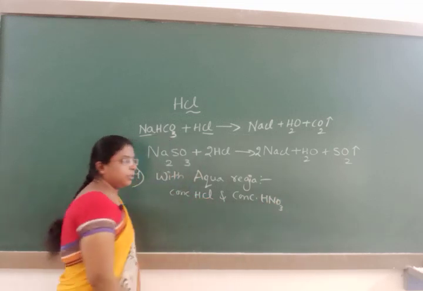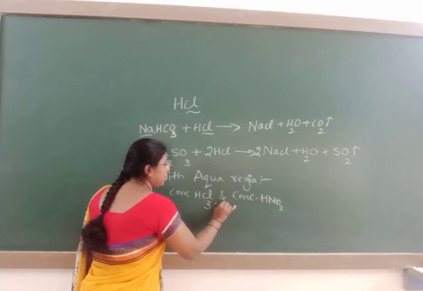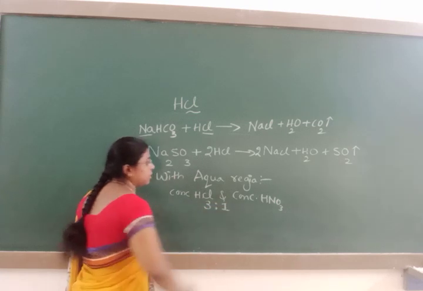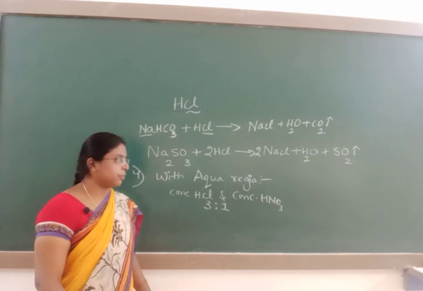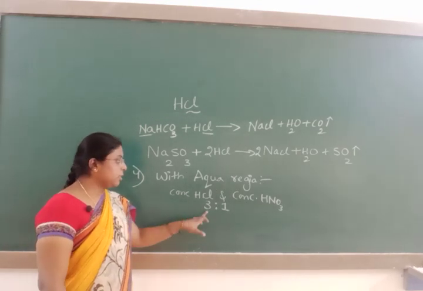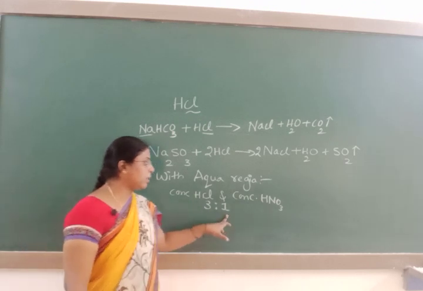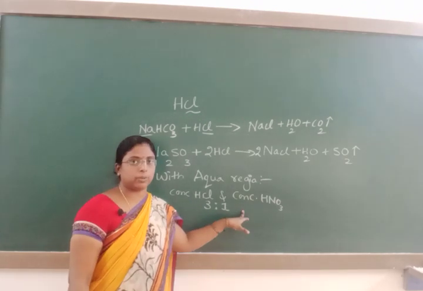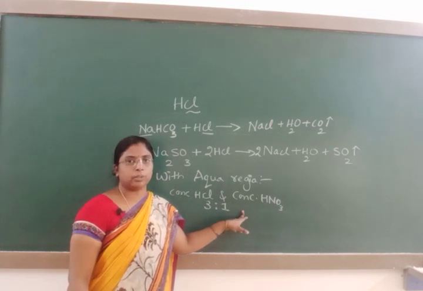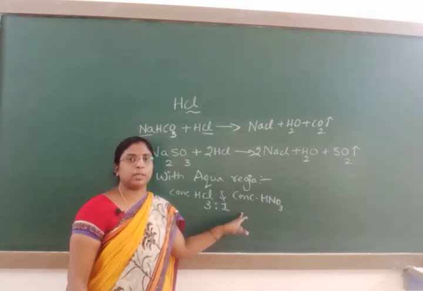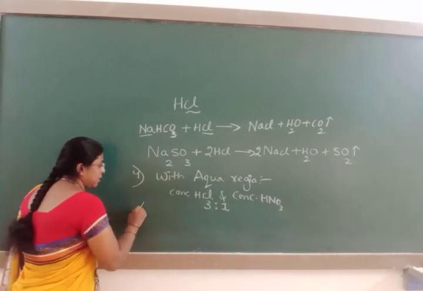Here 3 parts of concentrated HCl and 1 part of concentrated HNO3. This mixture is known as aqua regia. This aqua regia is used to dissolve noble metals like gold as well as platinum. Let us take gold.